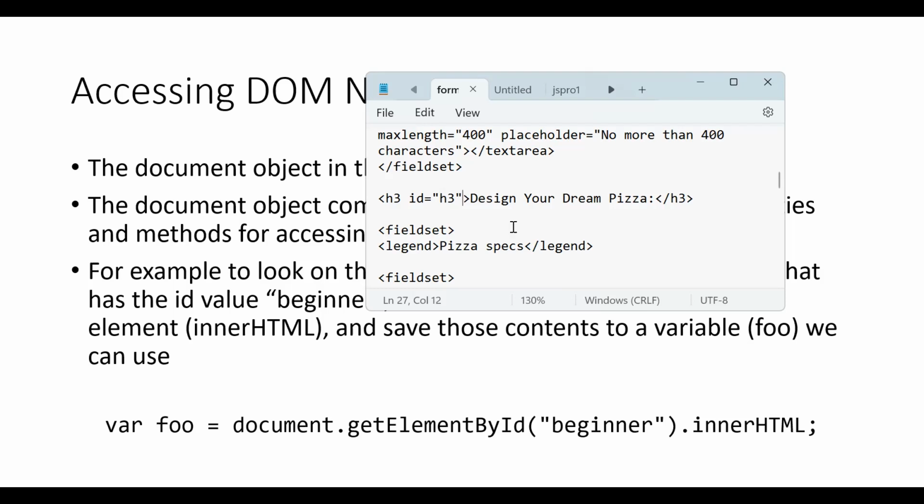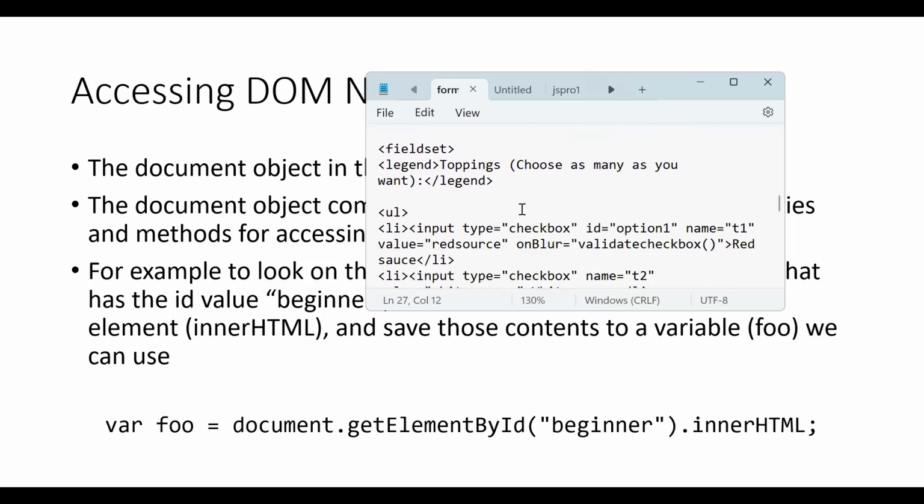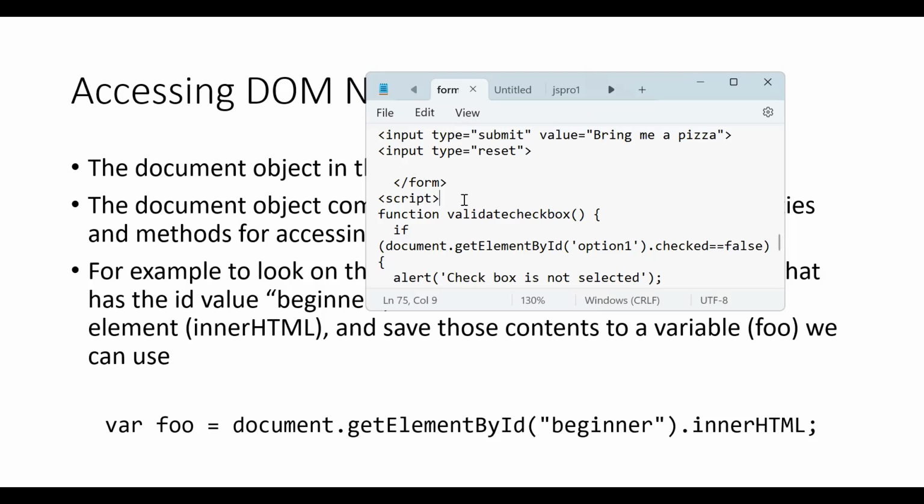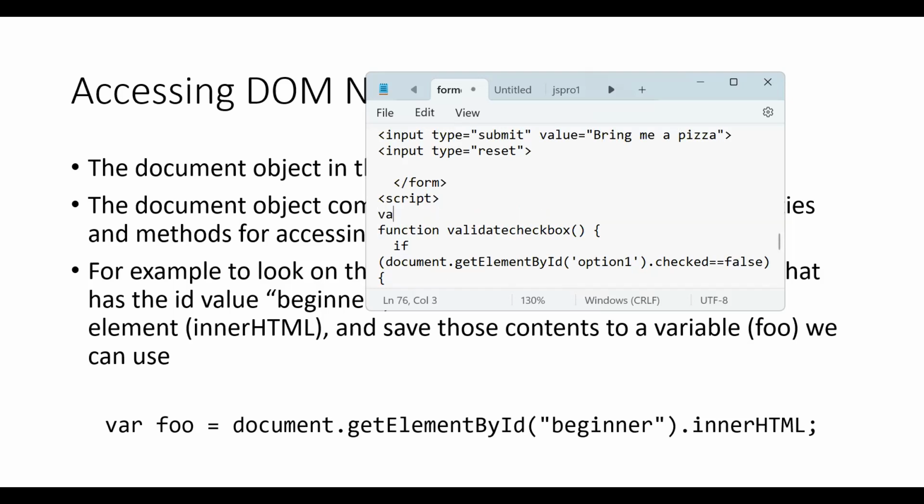So what I'm going to do is I will go down, under the script, and type a very small command. I will create a variable called foo, and I'm going to get the document, that means a page, get element by ID, and then H3 is what we are going to use, and then we'll say inner HTML.